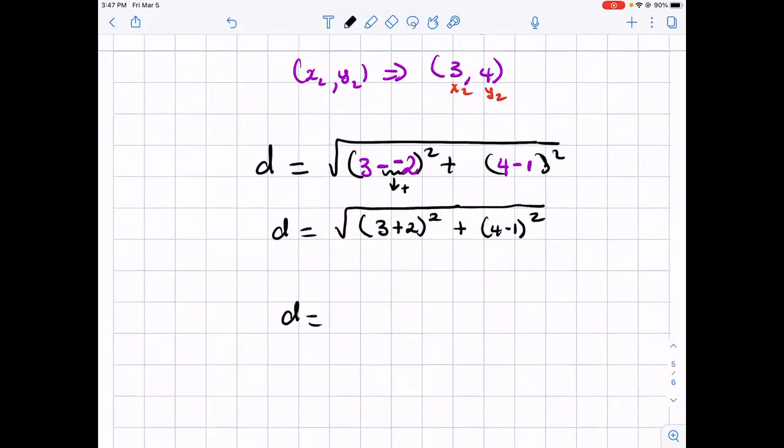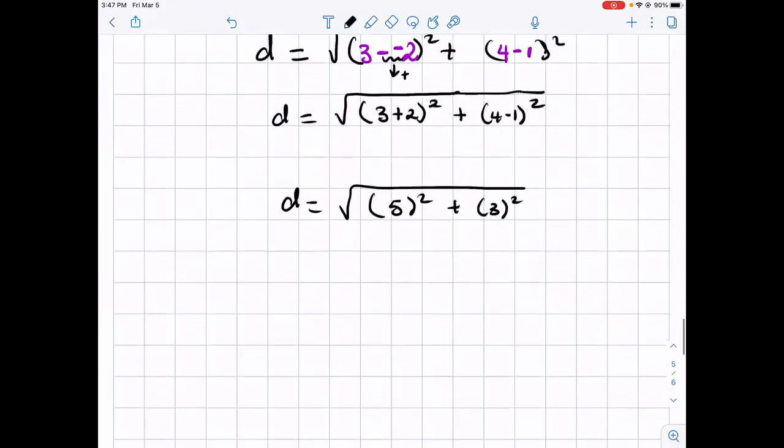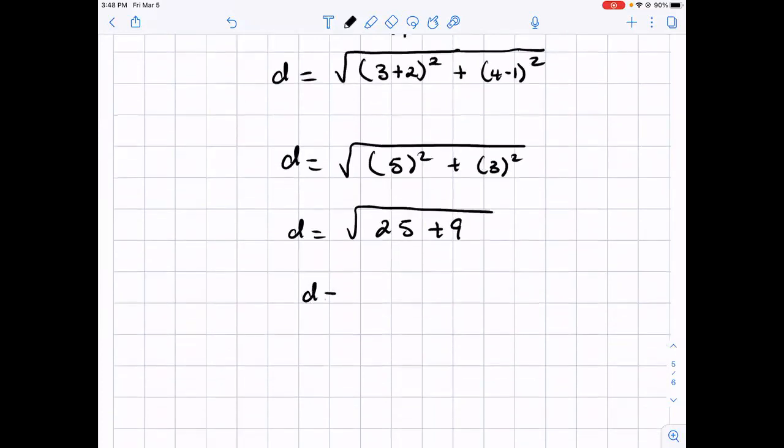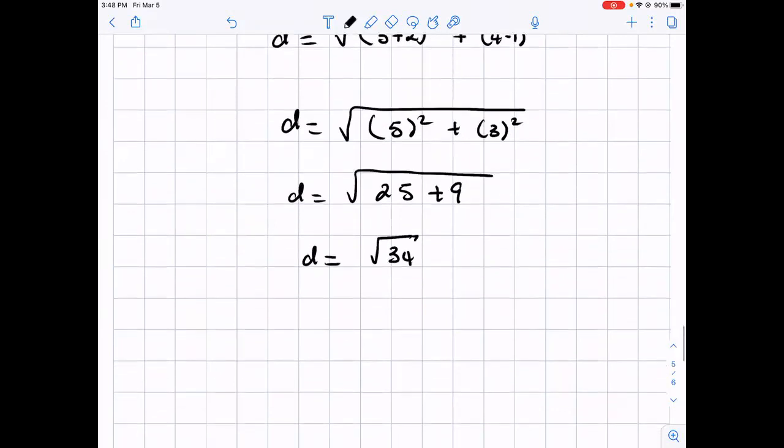So d is equal to the square root of 5 squared plus 3 squared. So d is equal to the square root of 25 plus 9. Therefore, d is equal to the square root of 34. And the square root of 34 cannot be simplified, so we leave it as the square root of 34.